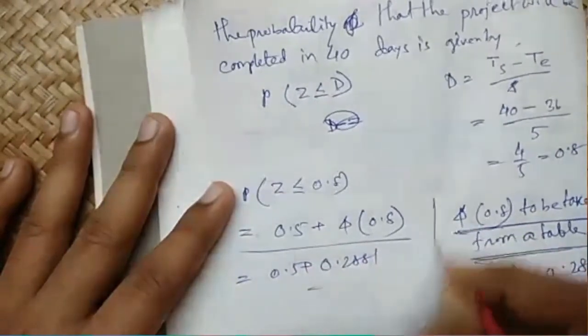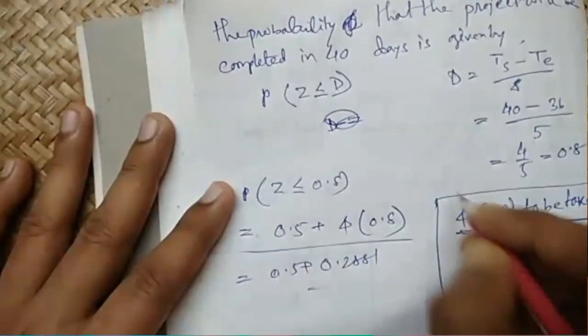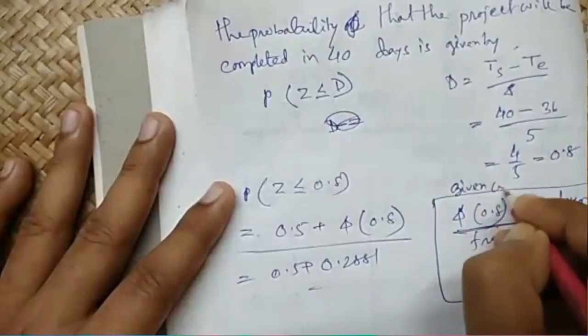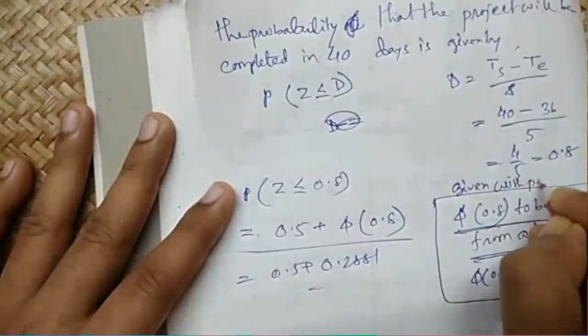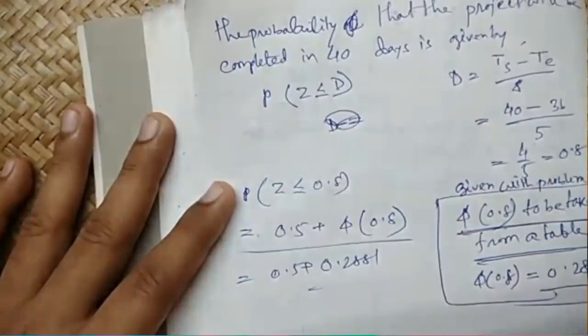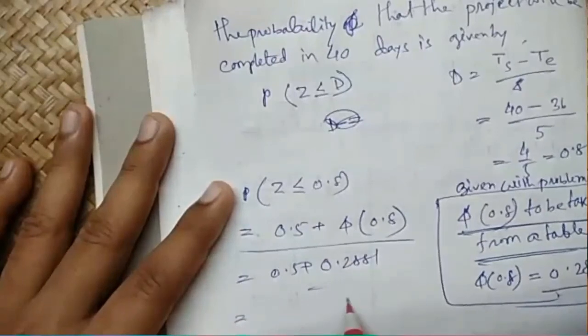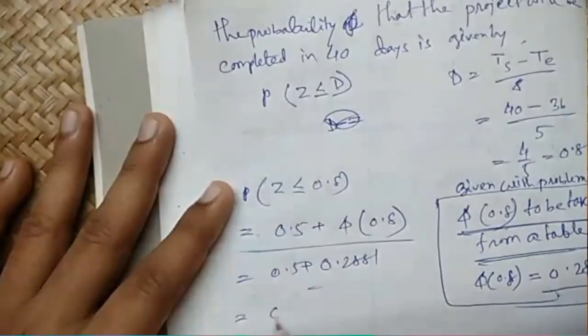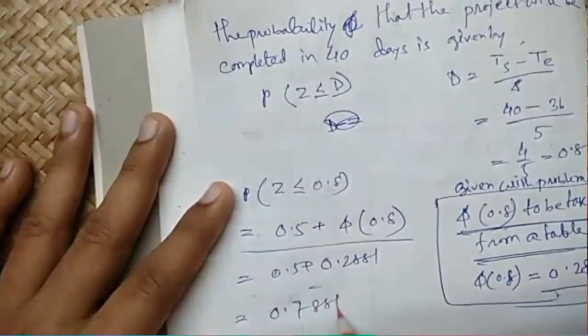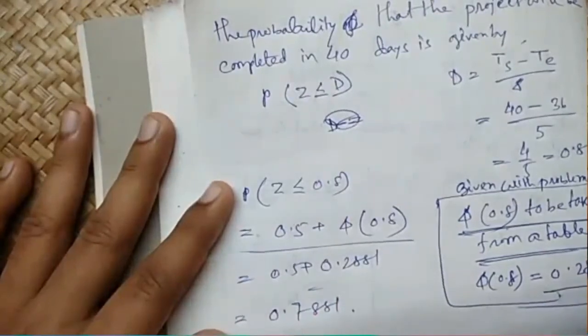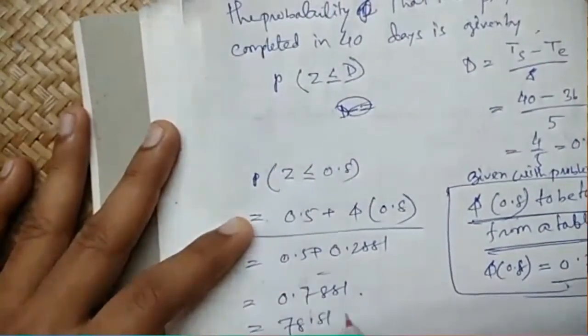This will be given with the problem. Now this will become 0.7881, that means 78.81%.